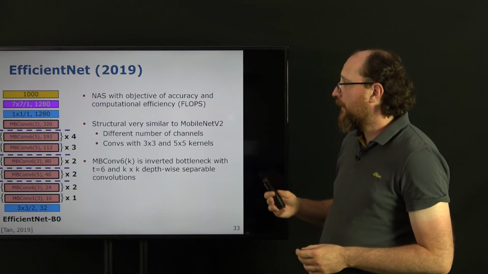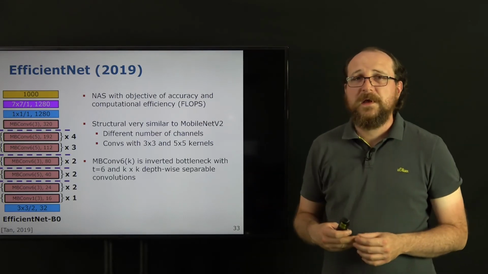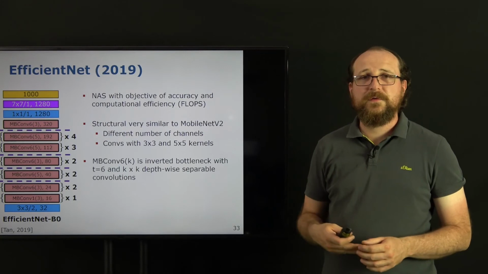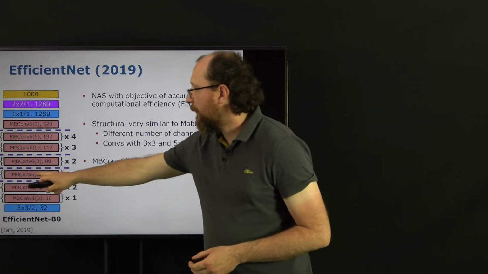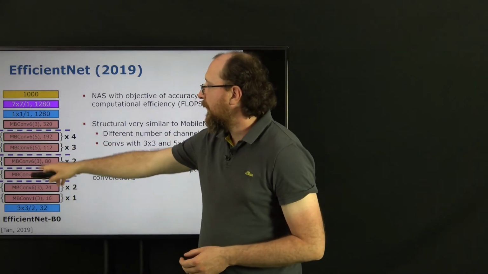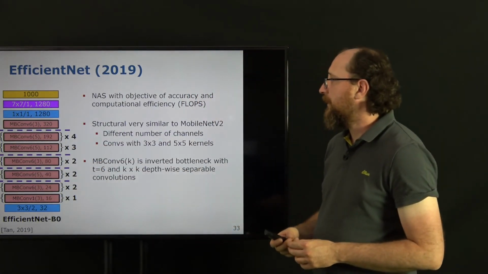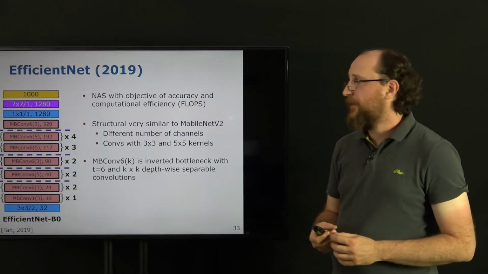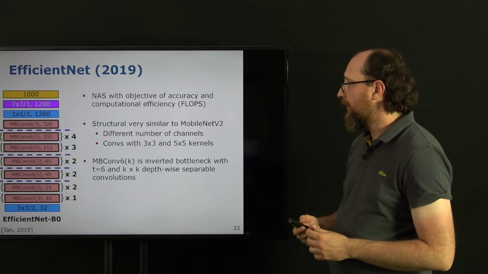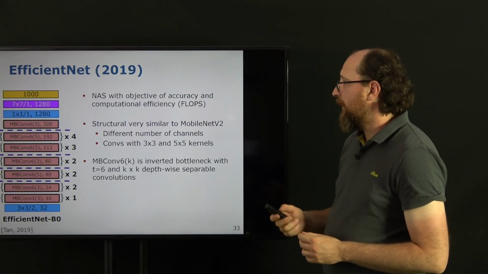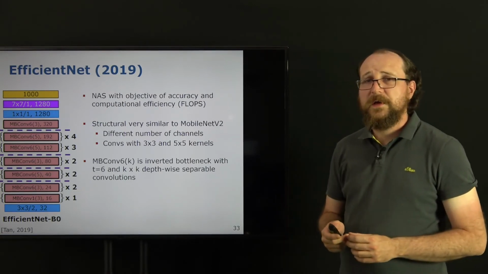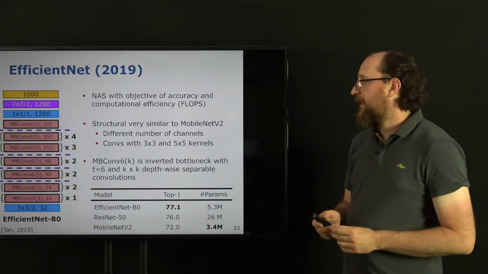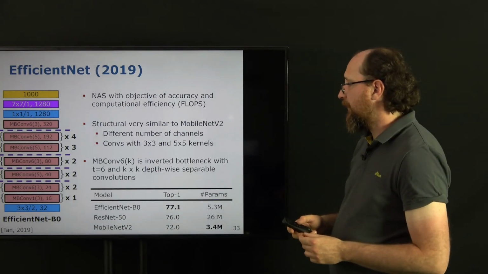And what is additionally done is that the inverted bottlenecks not only use 3x3 convolutions in between, but also 5x5 convolutions. So in brackets here are the dimensions of the kernels that are used for the convolutions. So again, using depth-wise separable convolutions in between, and by using this, they get very efficient networks out of this.